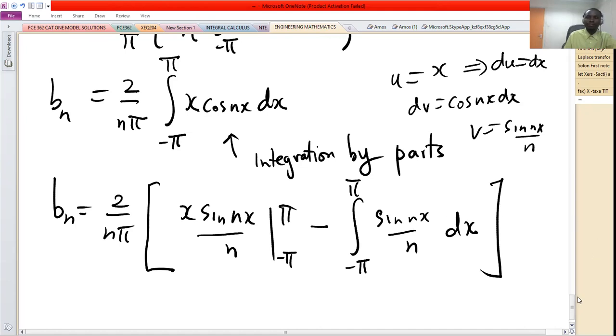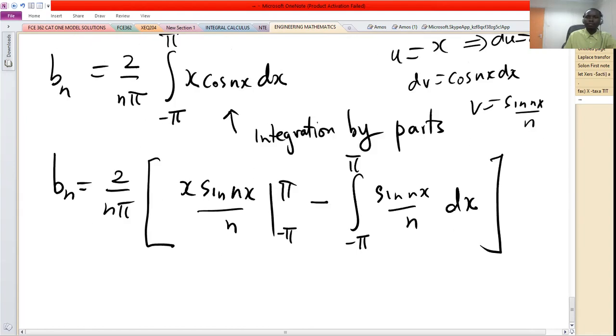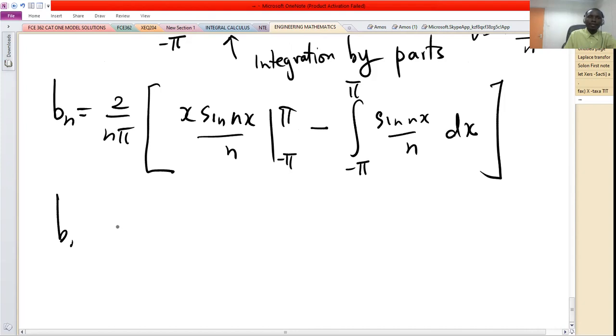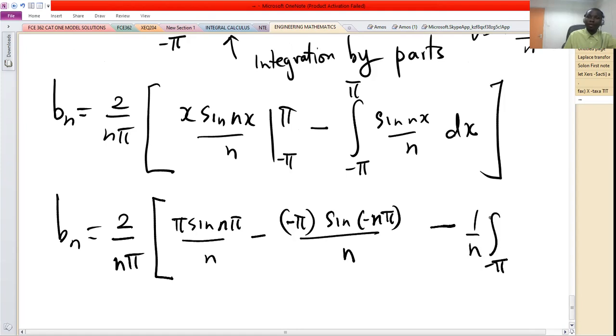So that's why you're getting this. So bn will be 2 over n pi into, I put in the limits, pi sine n pi over n minus pi sine of minus n pi over n, and then minus 1 over n integral from minus pi to pi of sine nx dx. I've simply factored out 1 over n.